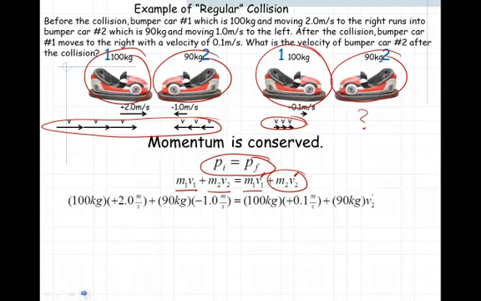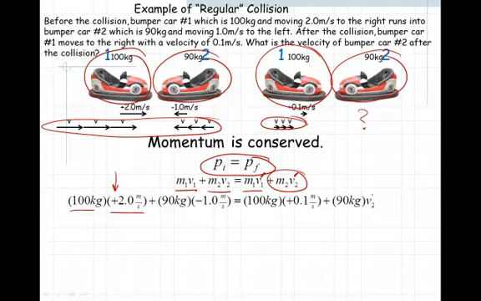So then our next step is to include all of the correct substitutions. So it's a 100 kilogram cart moving 2 meters per second. It's important to have the signs because momentum in general is a vector, and as an aside, impulse is also a vector.